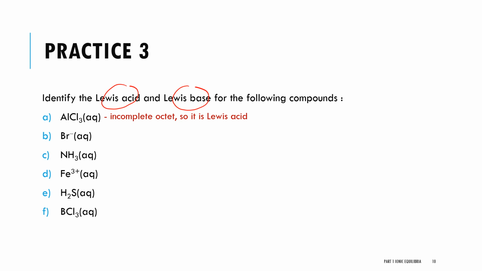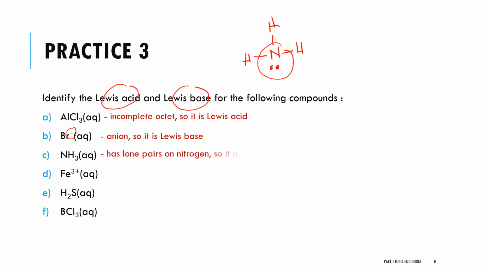What do we have in Br minus? We have an ion, so it is a Lewis base. Ammonia. If you draw the Lewis structure for ammonia, nitrogen has a lone pair of electrons, so this is a Lewis base. Fe3+, we have a cation over here, so definitely this is a Lewis acid.